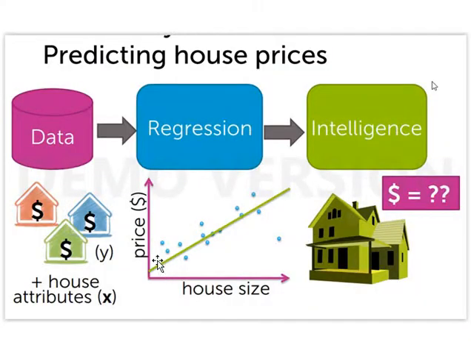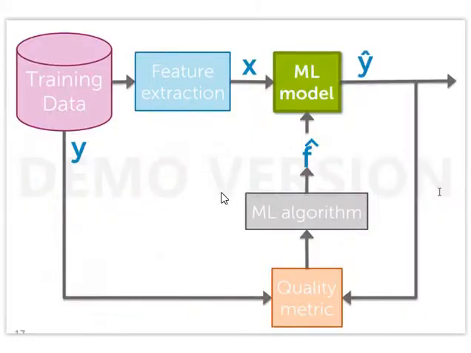So this is the basic outline of this machine learning model. Here we have training data. We fit the training data to feature extraction, where we take out all the predictor variables and the target variable.